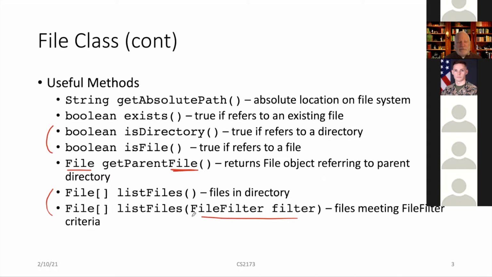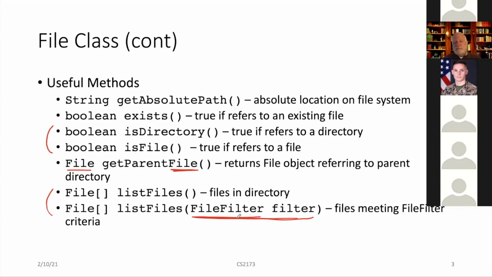But Java also provides an interface called a FileFilter. A file filter will tell you which files it's going to list. So if I wanted to only list the files that have extension .txt, then I would write a filter that would only accept files whose name ends with .txt.